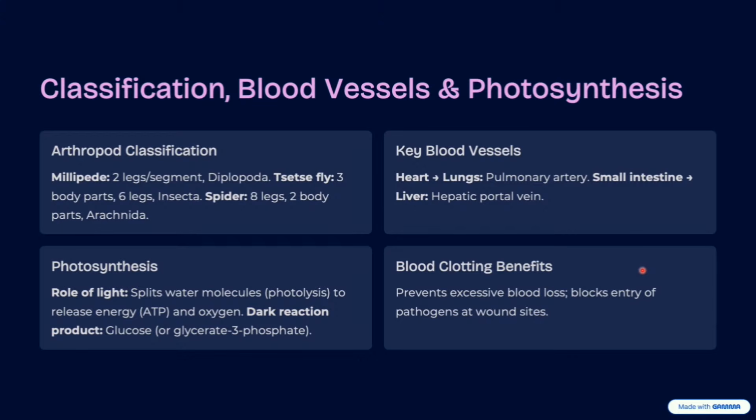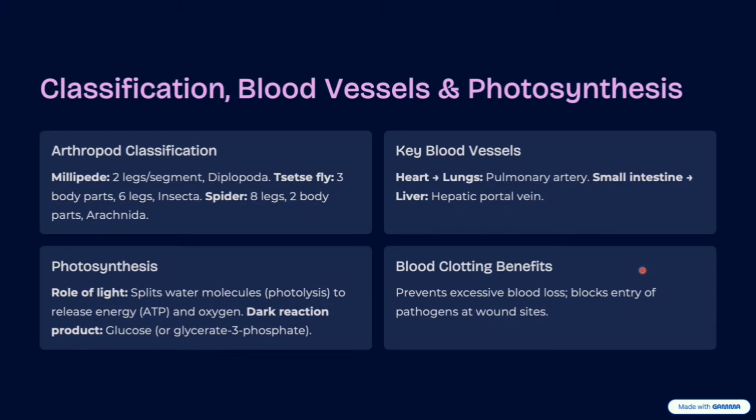So for a tsetse, of course, you expect it to have 3 body parts, and then the spider has 2 body parts, and then the millipede, the head is normally fused on the trunk, that is with the thorax. So that is under classification.